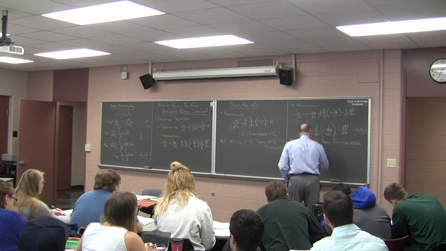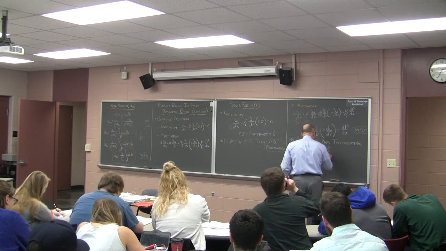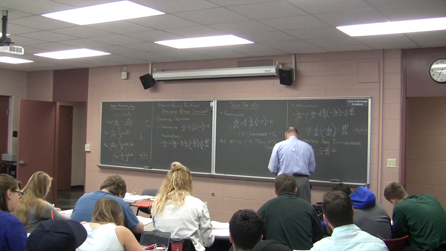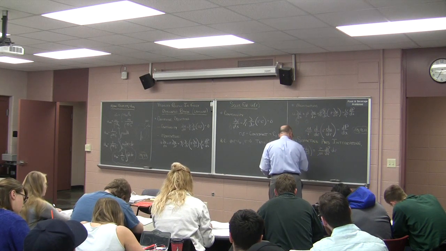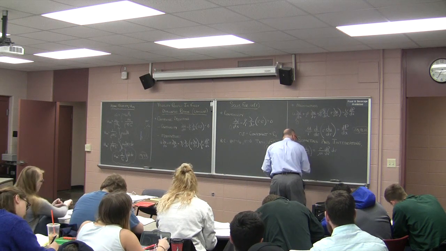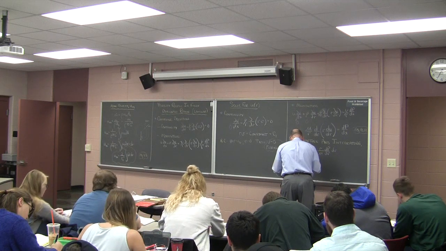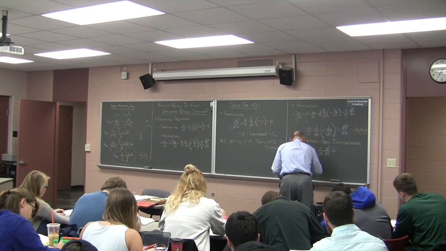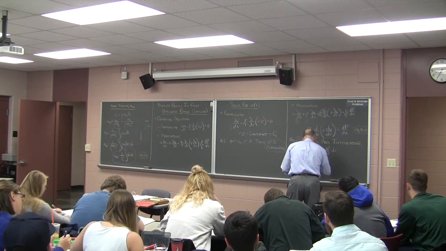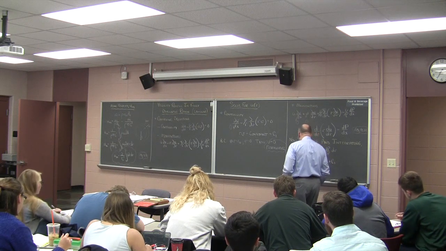So r du dr is going to be equal to r over mu dp dx dr, and that's going to be equal to 1 over mu dp dx times r squared over 2 plus c1.